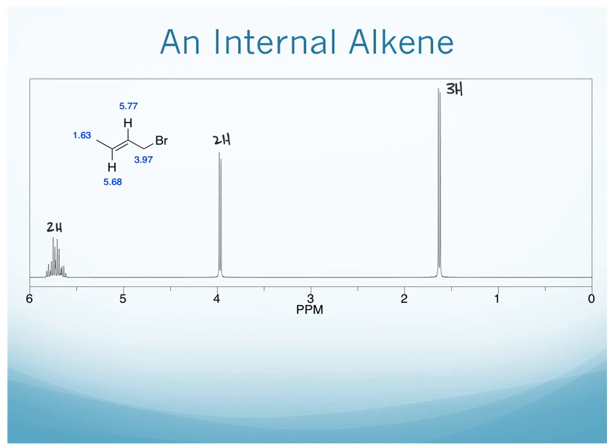On the other hand, if you have an internal alkene, which is what we have here, on this internal alkene we have actually hydrogen on the two alkene carbons. They are distinct.